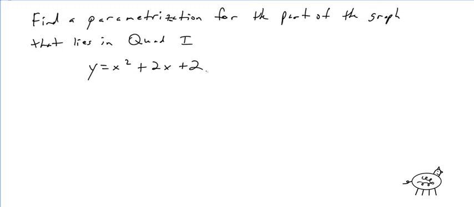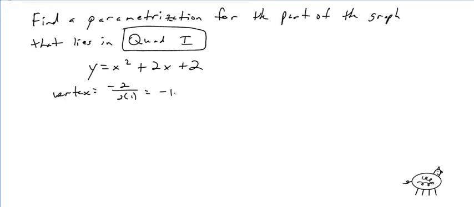All right, so it's a little tricky because you've got this part right here. That's just going to basically change our value of t. Now, I think it's a good idea to understand what the graph looks like, because you know where it's going to be in quadrant 1. First of all, I know my vertex is opposite of b over 2a, so opposite of b over 2 times 1.